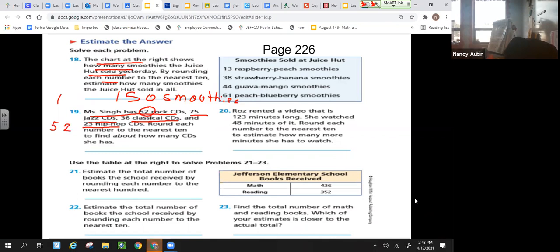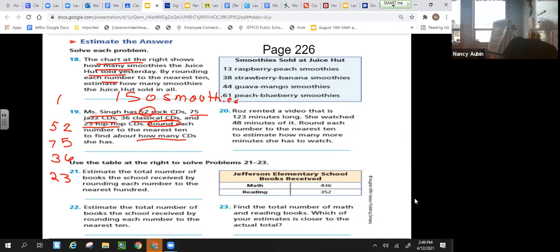You've got to round 52, 75, 36, and 23. Round first, then find out how many CDs she has in all. About. Round, then what operation would we use? Addition. Yay! Go, go, go. Go back to the text to find the numbers that you have to round and add.